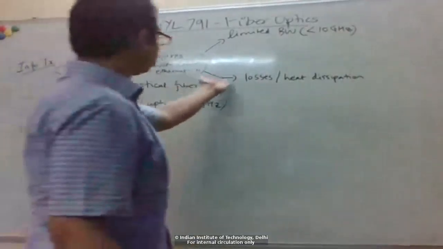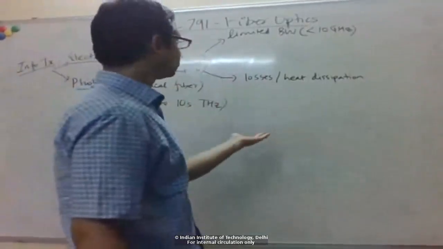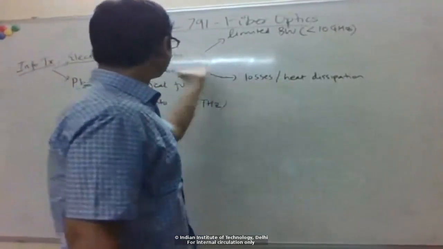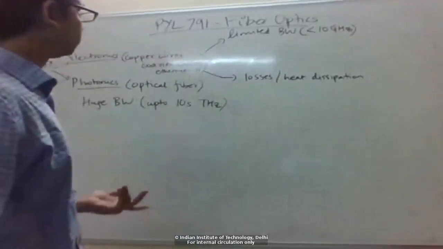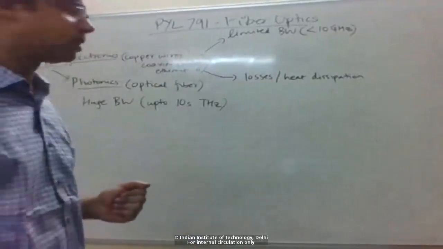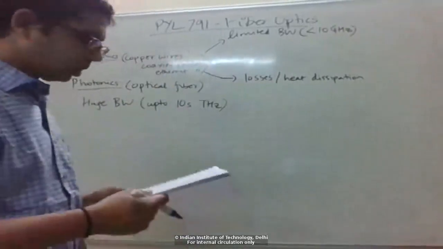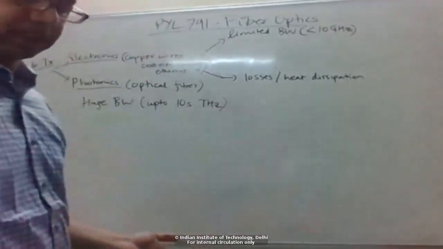So the second main drawback or limitation for electronic means of transmission is, as I said, the finite resistance of copper wires, or the finite loss, for example in coaxial cables or Ethernet cables, which also usually leads to heat dissipation.